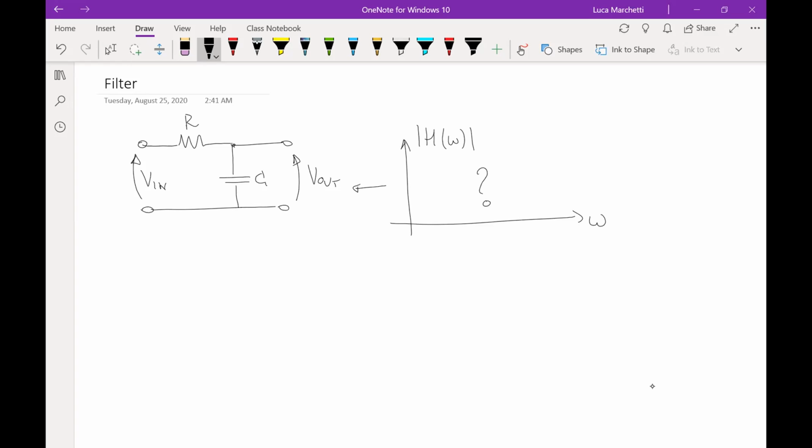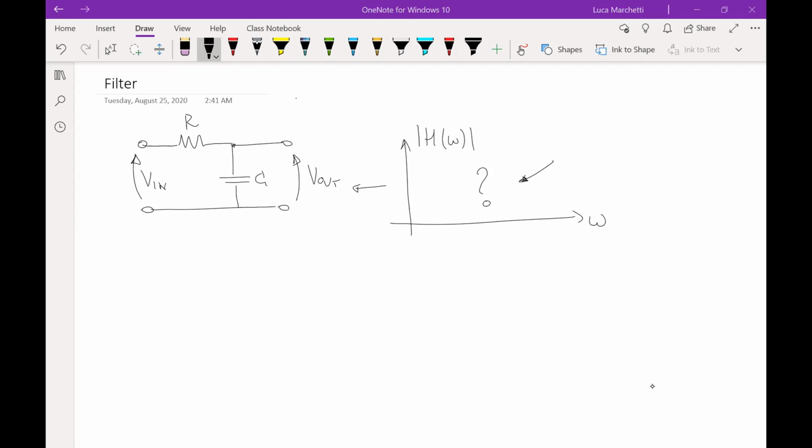If you don't remember that this is a low pass filter, or if the circuit was a little more complicated, I will show you the method that I usually use for extracting this plot. This is a general method and you can use it regardless. It is a way to have a first idea about the plot, and it gives you a method to estimate this.